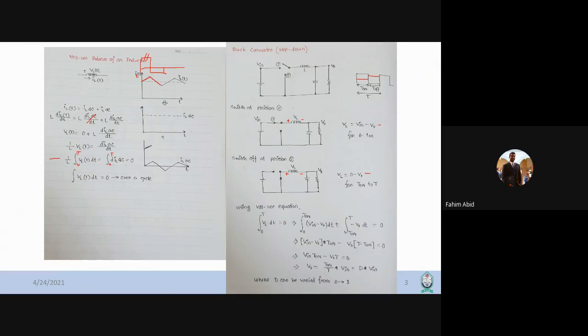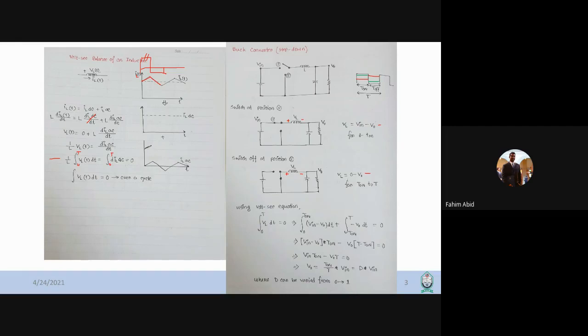We can extend the integration from 0 to t on, where VL is V in minus V out, dt, plus from t on to T. If you look at the figure here, first we integrate from 0 to t on, the green line, and then from t on to T, during that time.